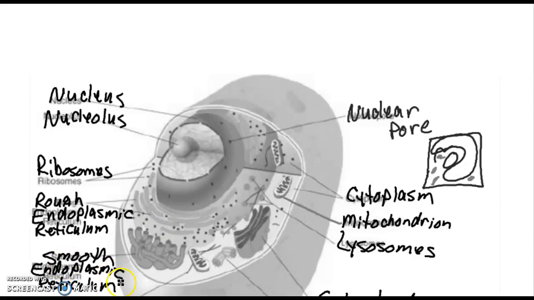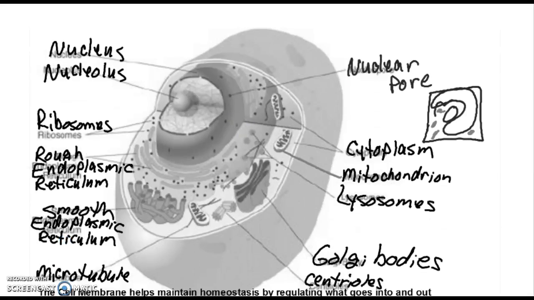Smooth endoplasmic reticulum synthesizes things like steroids and so forth, and moves those things around. Nuclear pores are like little pores in your skin that allow some things to leave the nucleus, like RNA, which we'll talk a little bit more about in a little while.